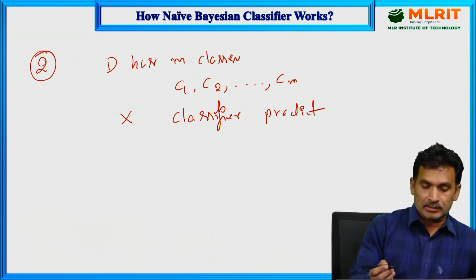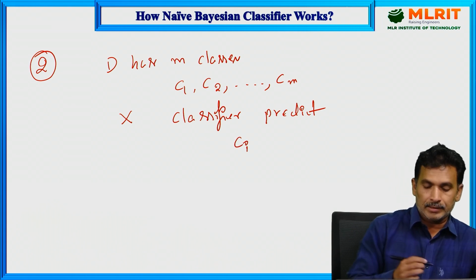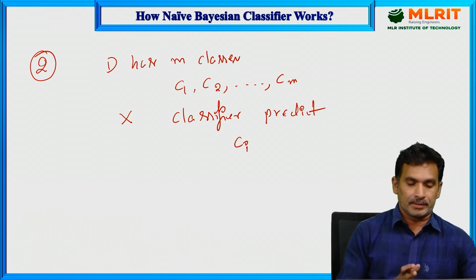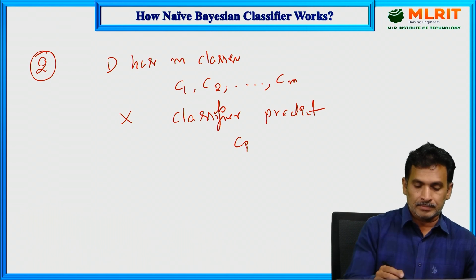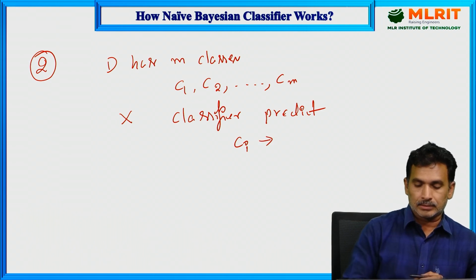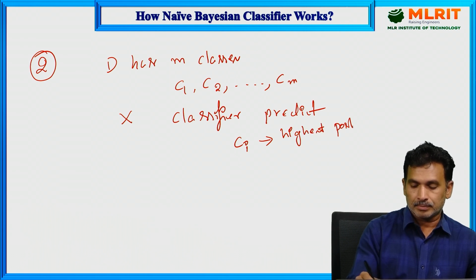Suppose Ci is the class label of tuple X, then this is the highest posterior probability.